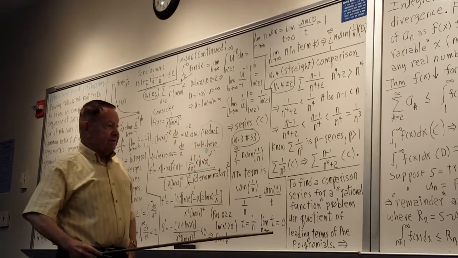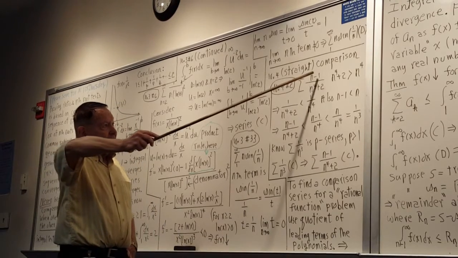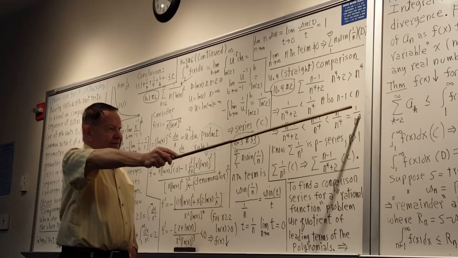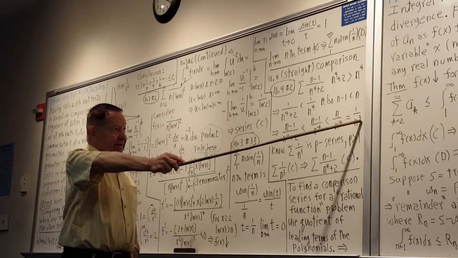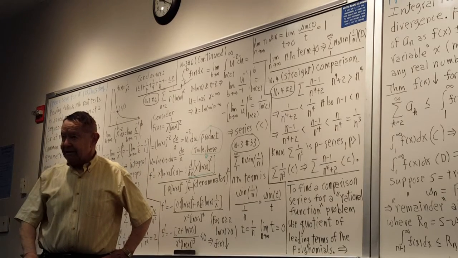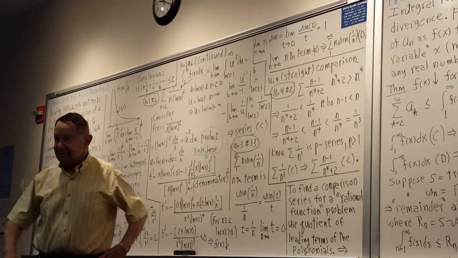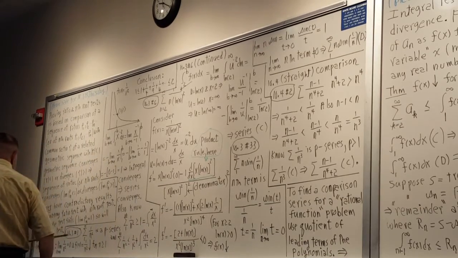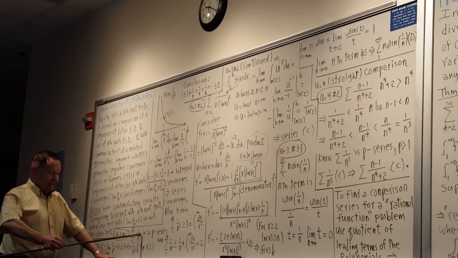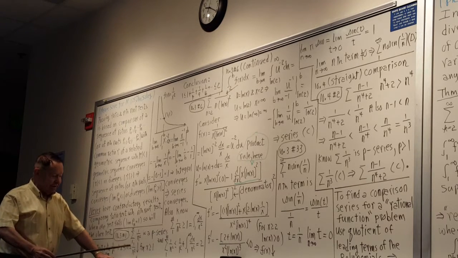And if you notice what I do, I end up showing that this fraction is less than 1 over n cubed. And 1 over n cubed is a p-series. Remember, we did the p-series 1 over n squared and said it converges.